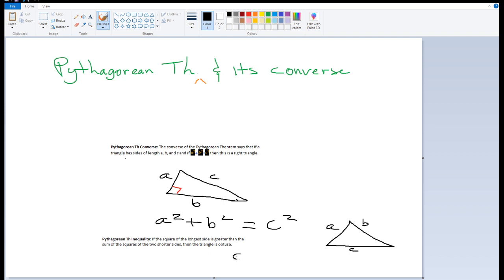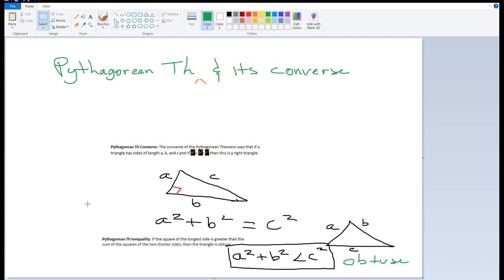So if a squared plus b squared is less than c squared, like this, we know this triangle must be an obtuse triangle. If you need to pause this, go ahead and do so. Let's look at the next part of the Pythagorean theorem inequality.